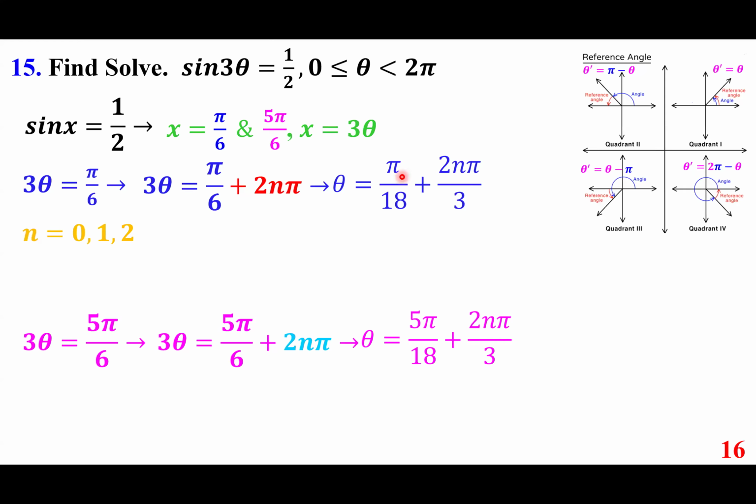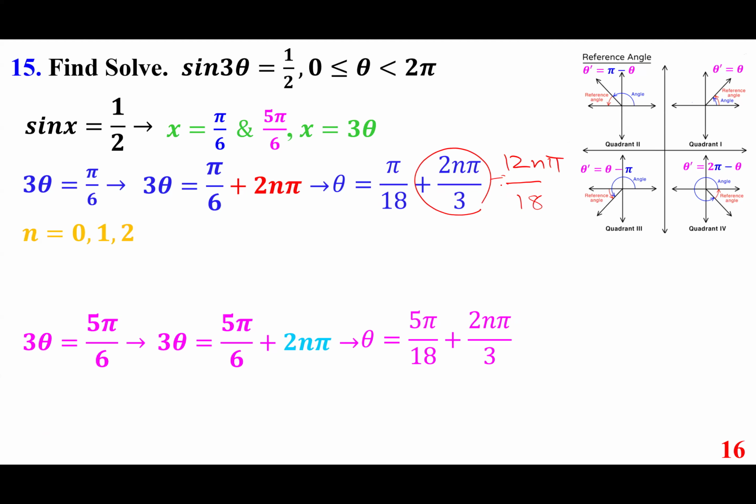So it goes beyond a complete revolution. So for example, if I put 0, of course, pi over 18. If I put 1, and let me change that such that the denominator is 18, so 12 n pi.